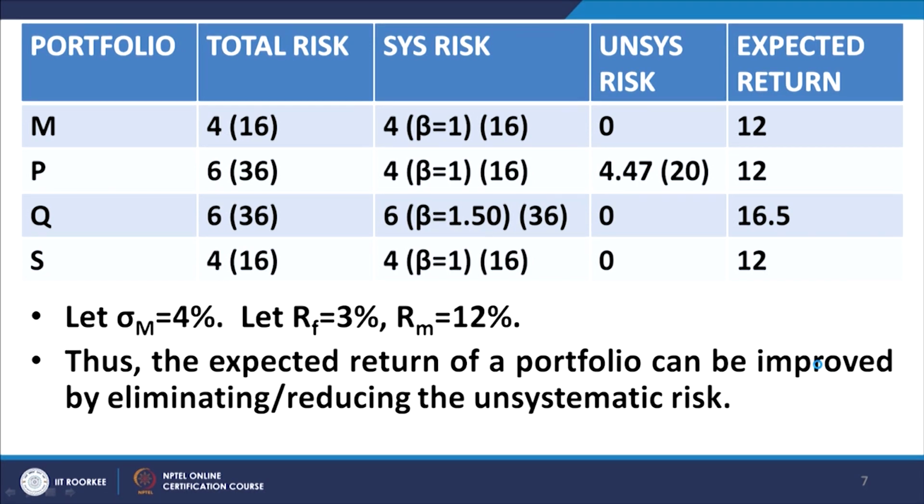Portfolio P and portfolio S have the same expected returns, but as you can see here, the portfolio P has a higher total risk compared to portfolio S. Portfolio S has a total risk of 16% square against the total risk of 36% square in the case of portfolio P. So, here again we find that we can improve upon the position or the worthiness of a portfolio by replacing the unsystematic risk by systematic risk.